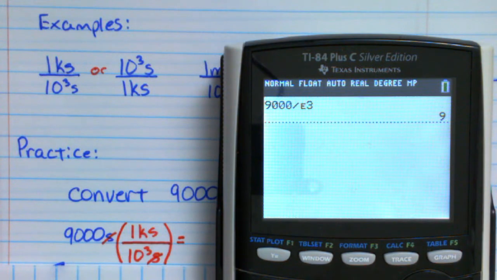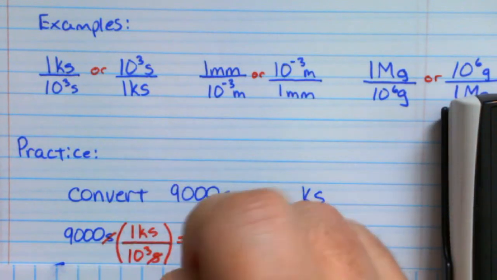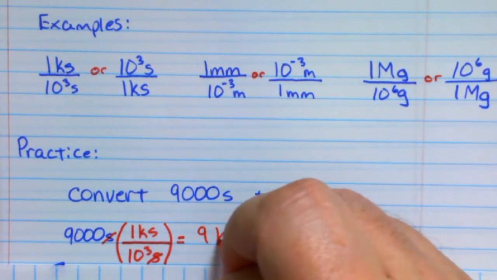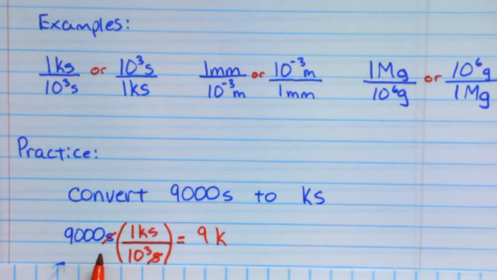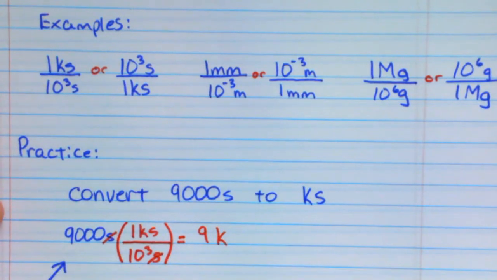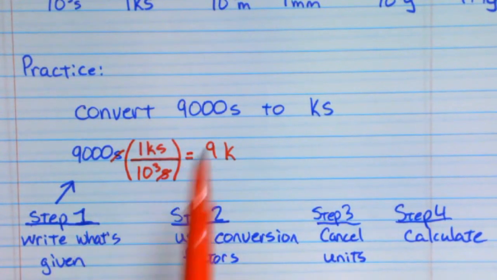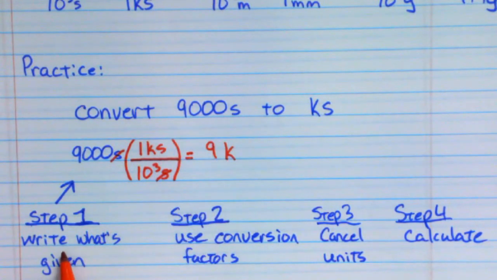So in other words, you have 9 kiloseconds for every 9,000 seconds. And if we break that down step by step, the first step was to write down what's given. So we were given 9,000 seconds. Our second step is to use the conversion factor.